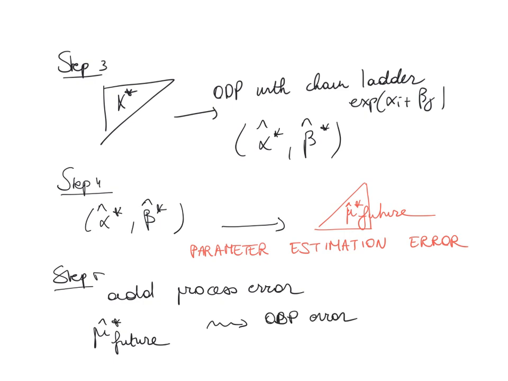And here you have to think how to generate a draw from an over-dispersed Poisson distribution. I'm going to explain that right away, but if you're able to do that, you now get values for the cells in the lower triangle, which take both the process and the parameter estimation error into account.